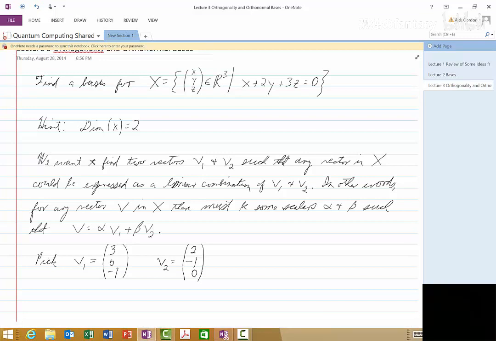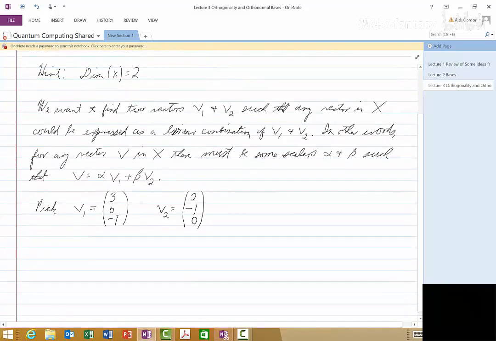How do I know that v1 and v2 are vectors in X? Well, because they satisfy the condition for X, which is that x plus 2y plus 3z is equal to 0. Notice that both of those vectors, v1 and v2, satisfy that condition, and furthermore, it's very clear that v1 is not a multiple of v2, and v2 is not a multiple of v1.